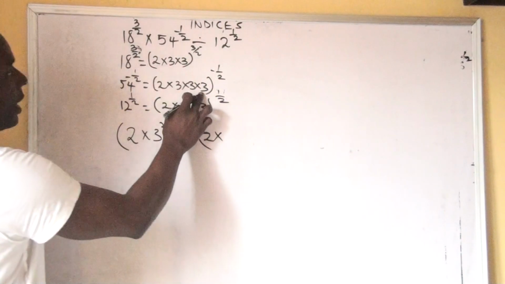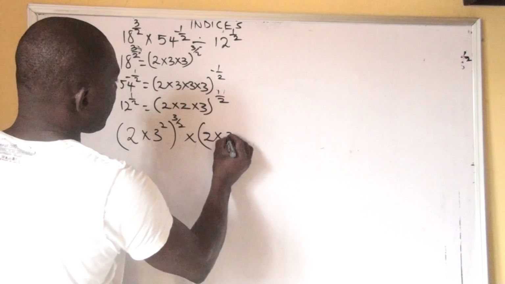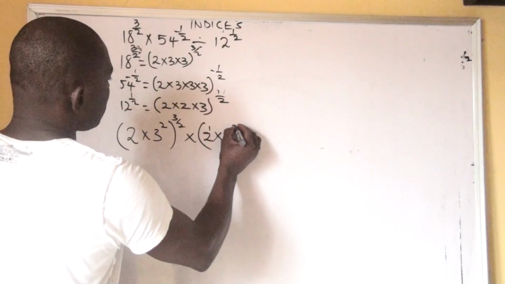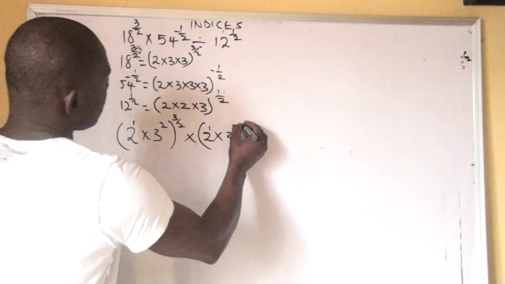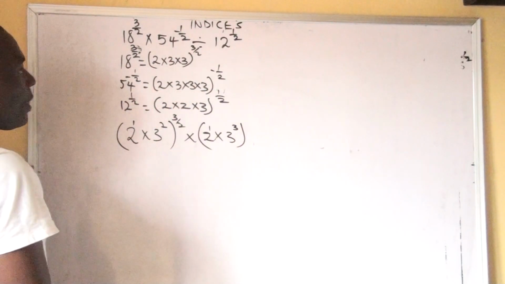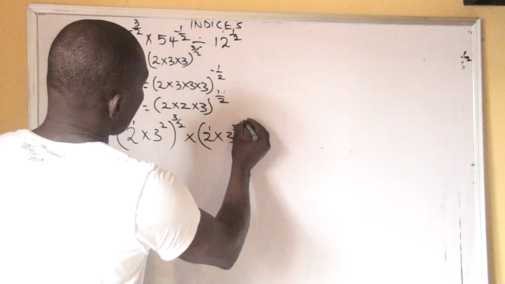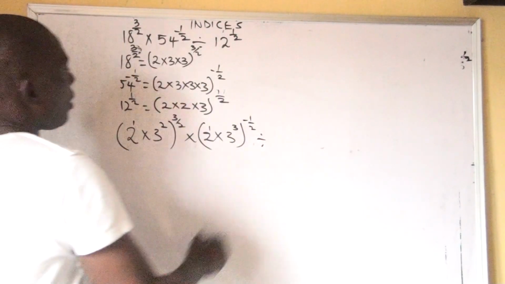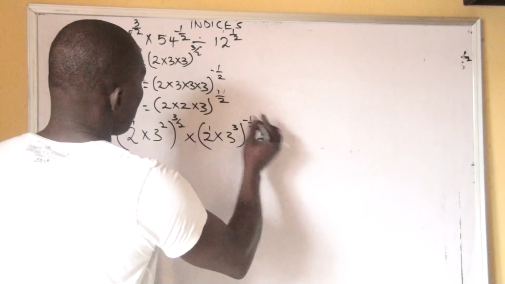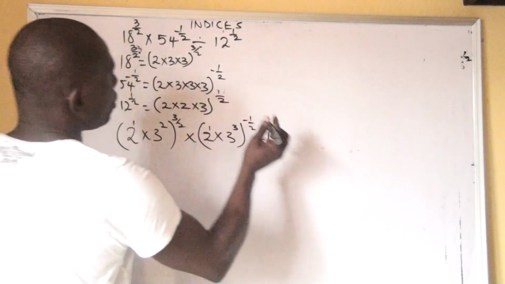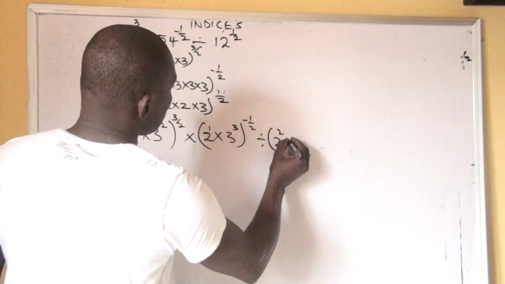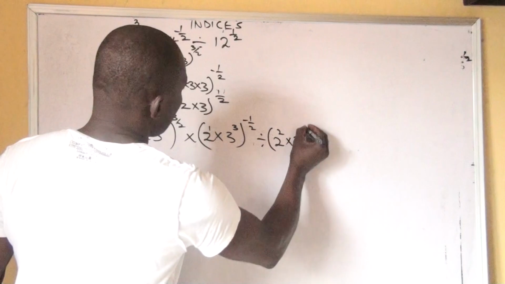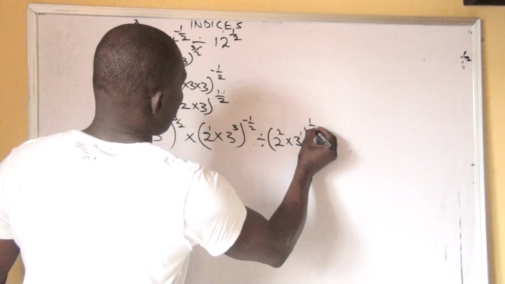How many 3 do we have here? 3. So it's 3 raised to the power 3, raised to the power minus half. Divide. In place of 12 here, this is 2 raised to the power 2 times 3 raised to the power 1, all raised to the power half.